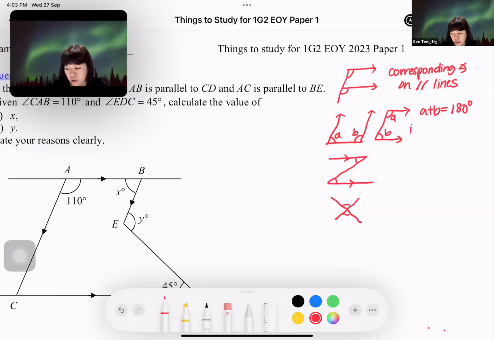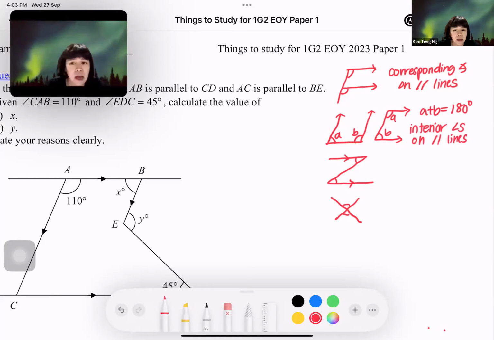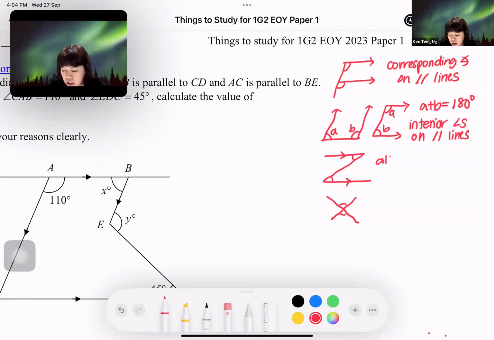It starts with letter I, so it's called the interior angles on parallel lines. So you need to state the parallel lines, okay? Last one on parallel lines, this one is the letter Z. That looks like letter Z, right? So this one is alternate angles on parallel lines.